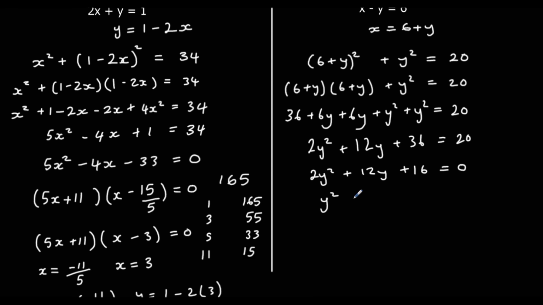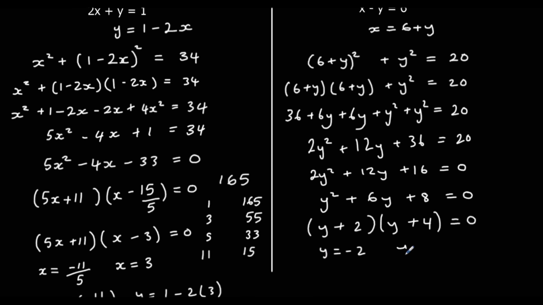So y squared plus 6y plus 8 equals 0. And this factorizes. So what multiplies to make 8 and adds to make 6? That's 2 and 4.